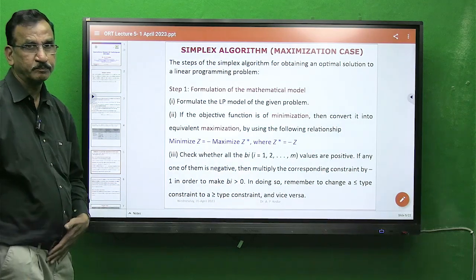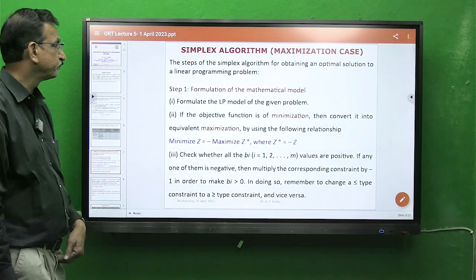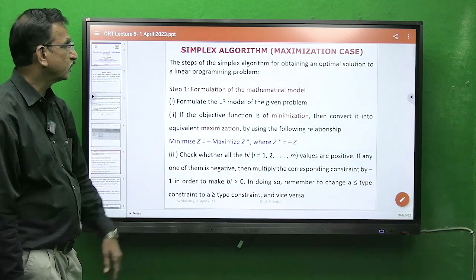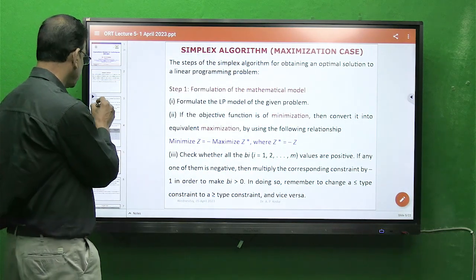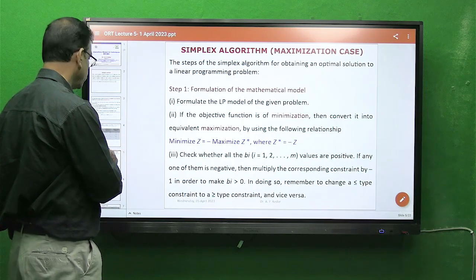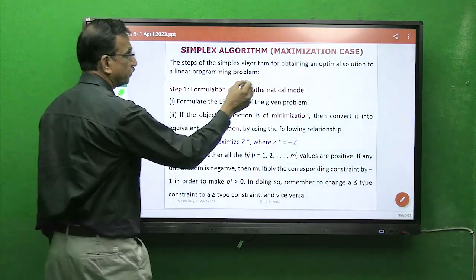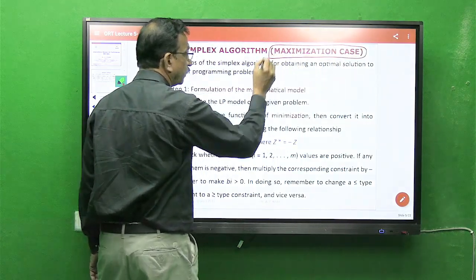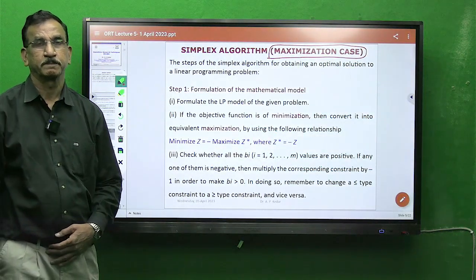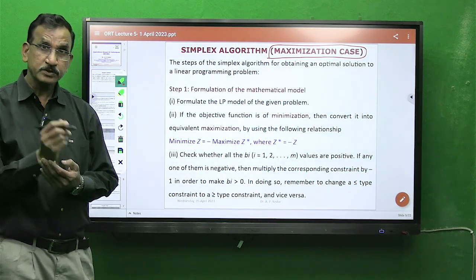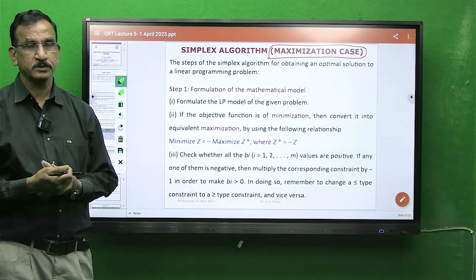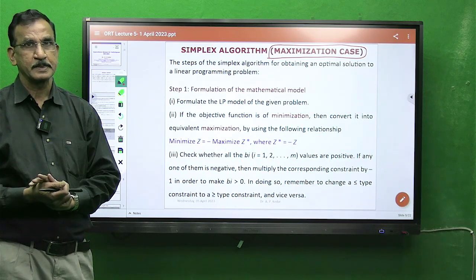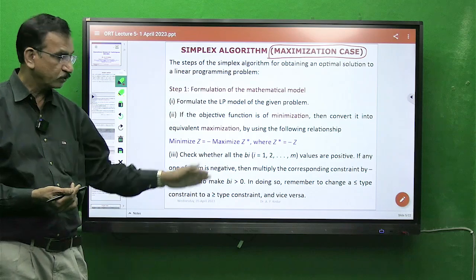These are the steps which I have already explained. Formulation, simplex algorithm. Now see here, all these steps are for the maximization case. This means if the problem is a minimization case, we'll first convert that minimization problem into a maximization case, then we'll follow these steps.